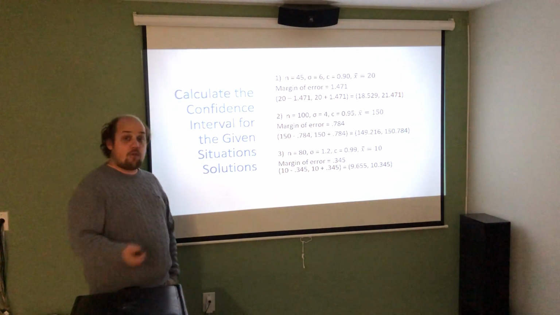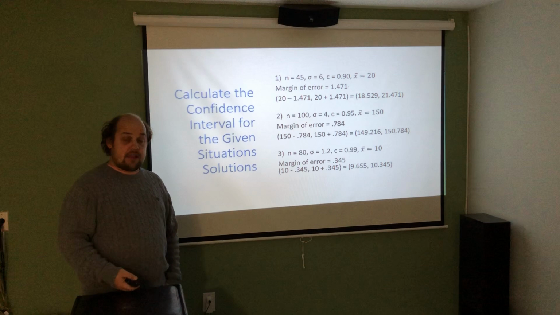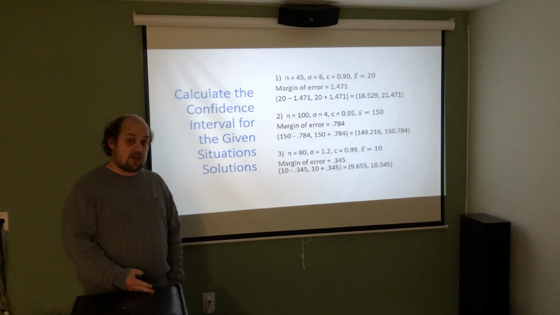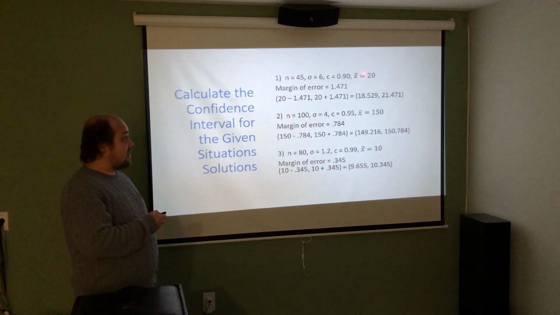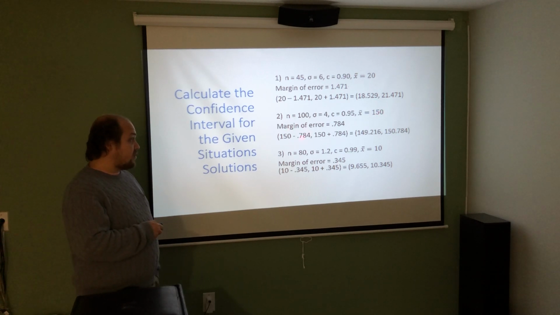Again, we're just taking the work that we did previously to find the margin of error, where we did z alpha over 2 times sigma over root n, and we're taking the given mean, first subtracting it, then adding it. When we do it for the second situation, we're taking the given mean of 150, first subtracting 0.784, then adding 0.784. That gets us to our confidence interval.